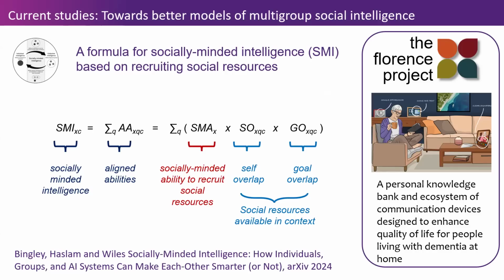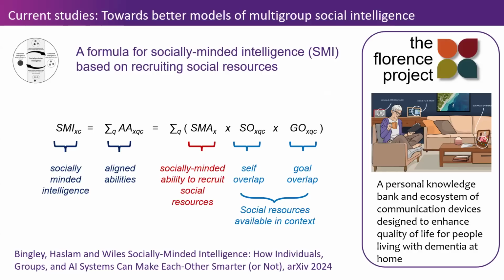And so in this particular work, we were looking at what is a good definition of socially minded intelligence, where an individual can look at their own goals and choose a group that they're part of, or the environment might make a group salient, and then looking at the group's goals and working towards group goals or individual goals.